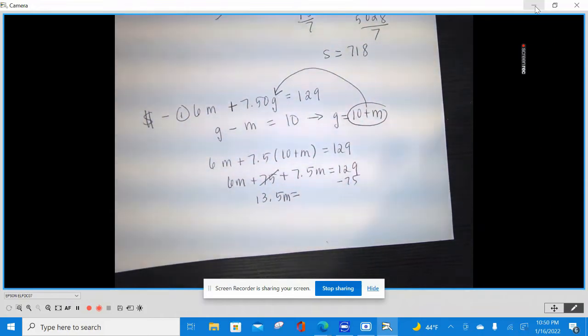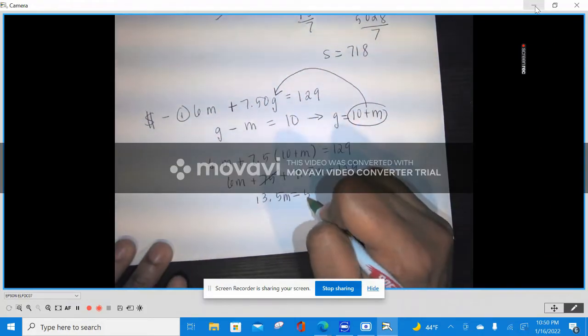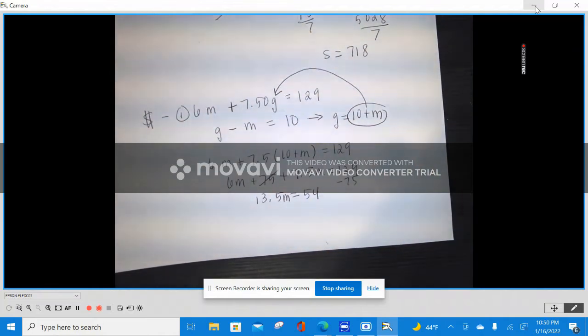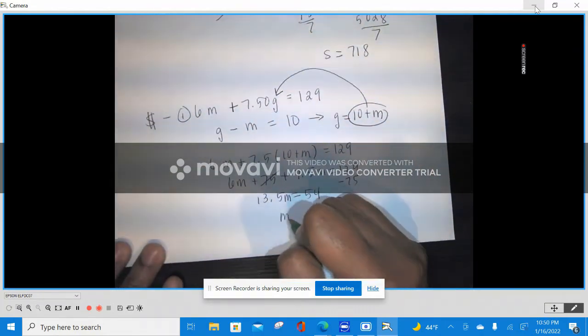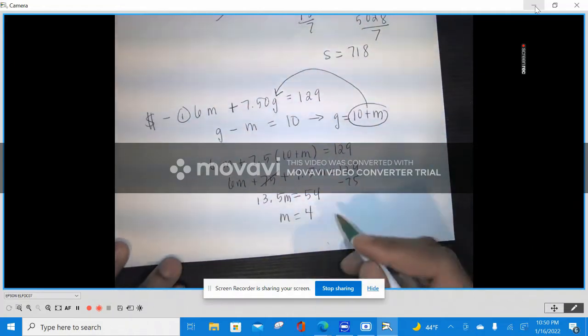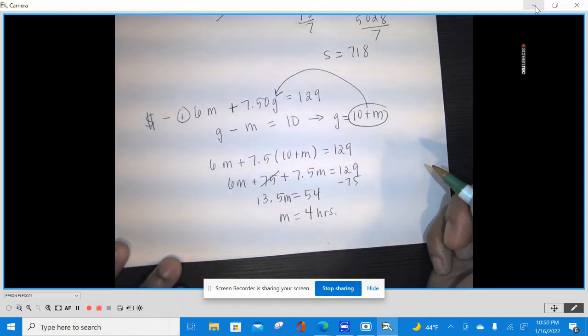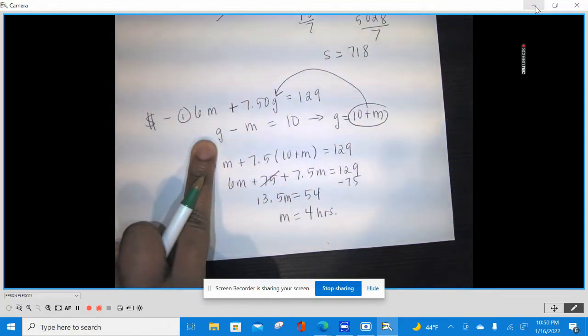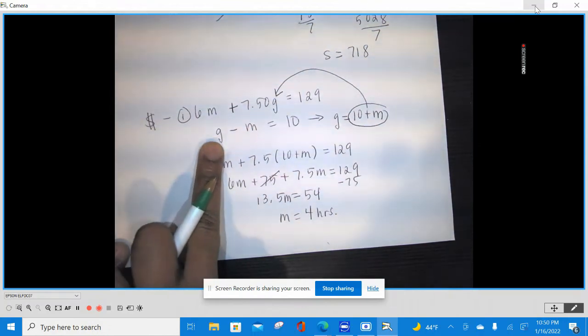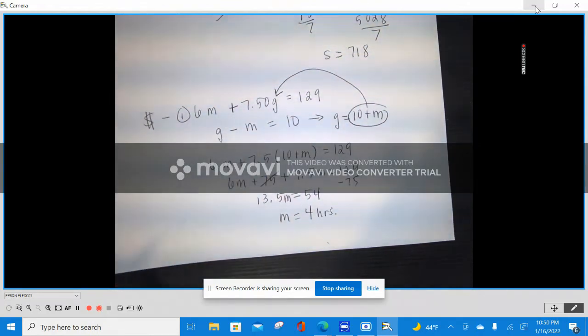So 129 minus 75, guys, was 54. And when I divide 54 by 13.5, I got 4. So he spent 4 hours mowing the grass. Okay, so bagging groceries must have been 14 hours. And I know that because 14 minus 4 would be 10.